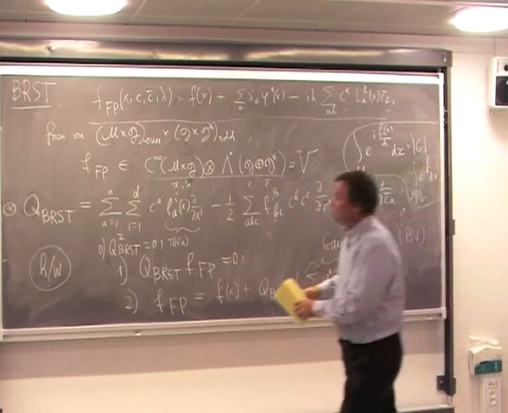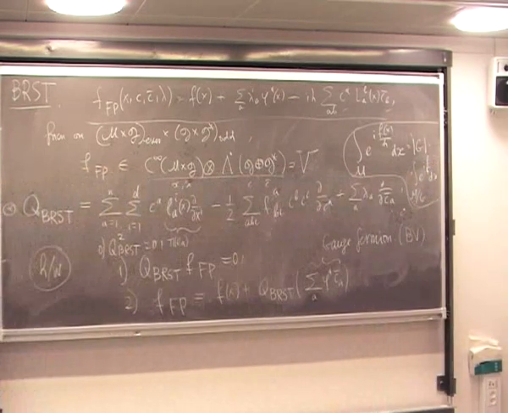So it suggests the following general algebraic observation, which in some sense explains the algebraic nature of Faddeev-Popov theory.